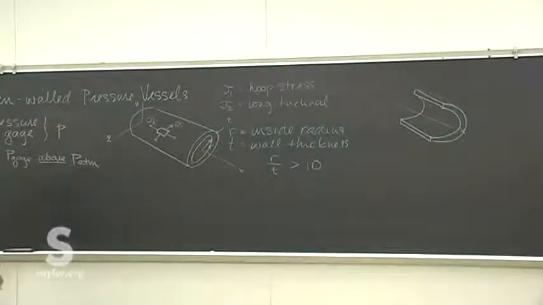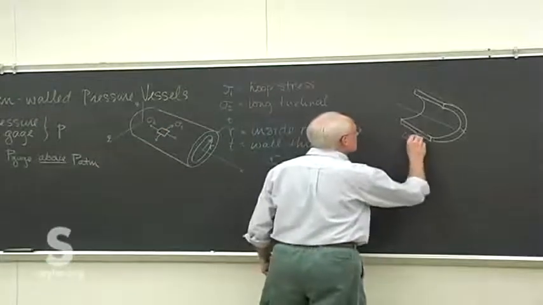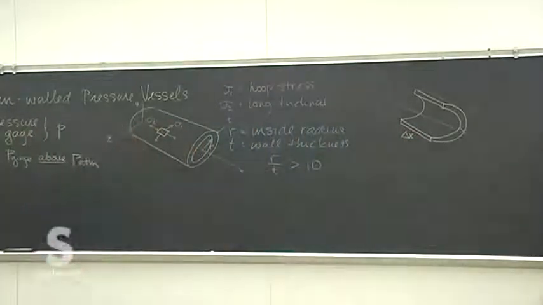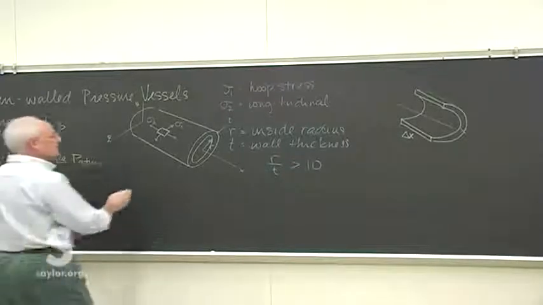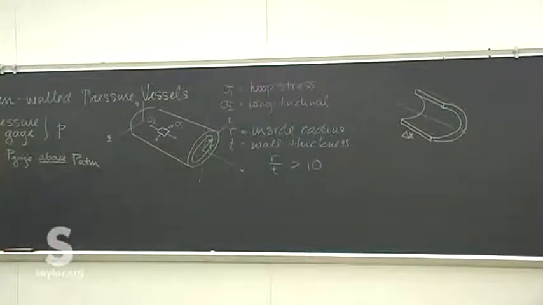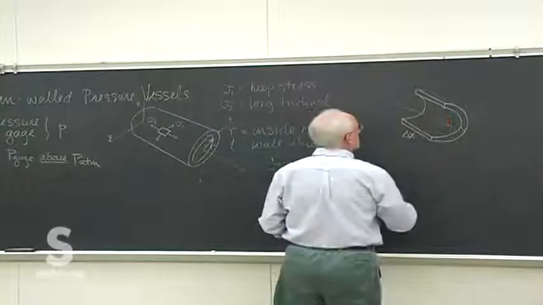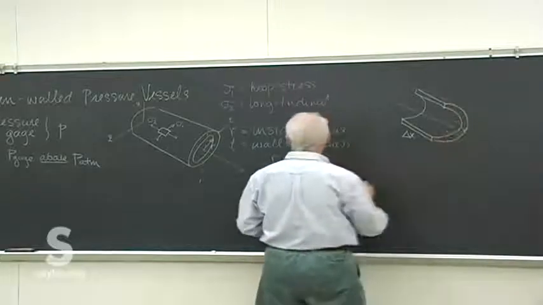So what we've done is we've got a little piece of the tank, some length delta X, and I've cut it right in half and exposed that tank. The type of thing we've done before where we're just imagining a cut through the tank to expose the internal forces in the material itself. So when we do that, we've got this internal pressure that's pushing out on the tank.